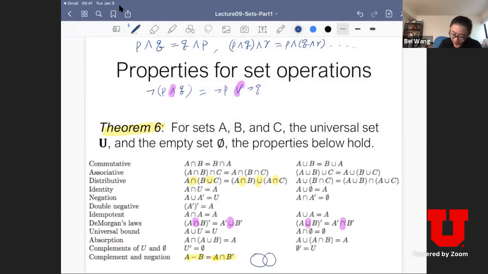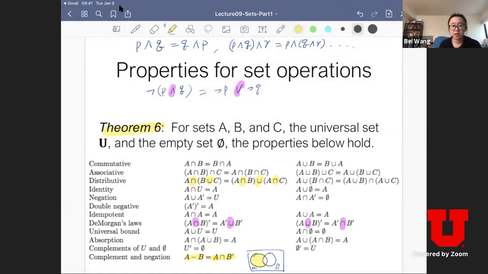Everything in A, not in B, is this yellow part, but you can also draw A intersect B complement, and that is the same area. So this is just using a Venn diagram to illustrate the equality.